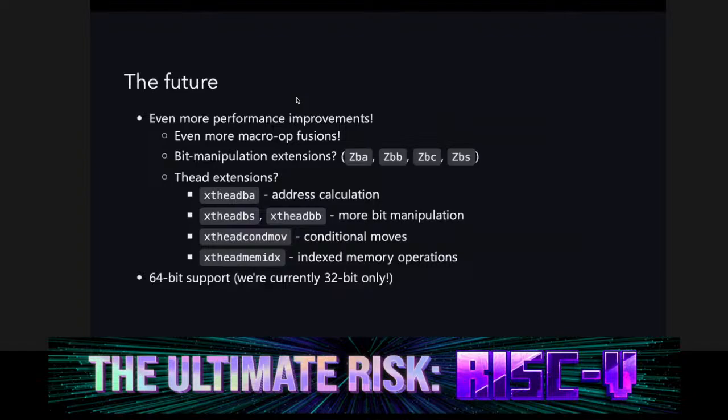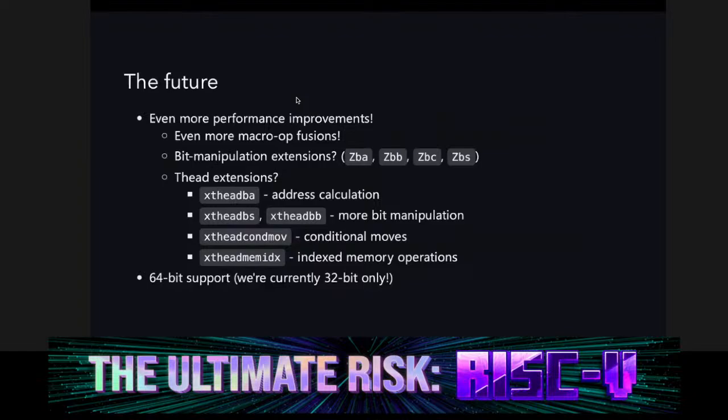There are also a bunch of other RISC-V extensions which we could implement. Currently, we're just supporting the M extension, which is the multiplication extension, and besides that, we are plain vanilla baseline RISC-V.